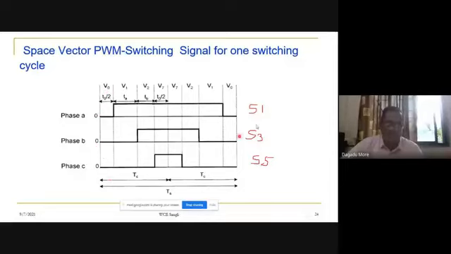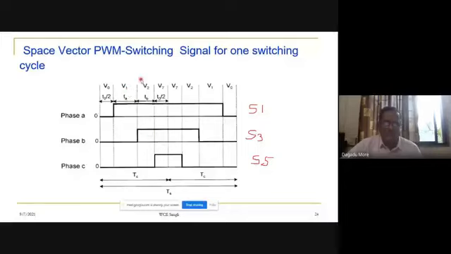So S1 is off, S4 is on, S6 is on, so S3 is off. And here S2 is on, so S5 is off. V1 is 1, 0, 0. Upper S1 is on, lower S6 is on, and S2 is on, so S5 is off. So this is V1.